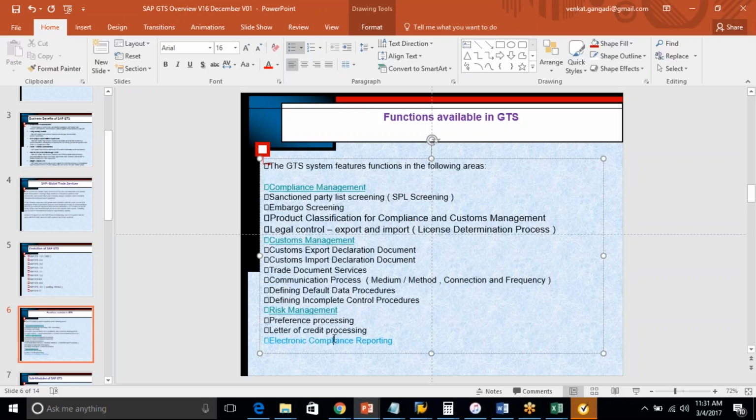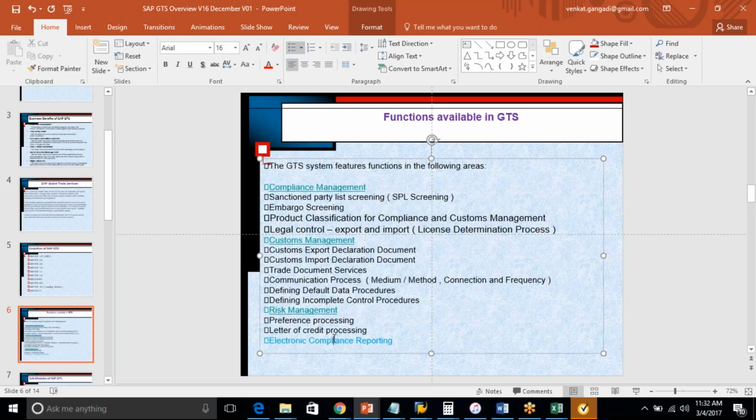So since the European Union has this kind of requirement, SAP GTS introduced a module called electronic compliance reporting. If you implement electronic compliance reporting, it will become very easy for your client to submit the intra-stat declarations day to day or on a monthly basis without any issues.